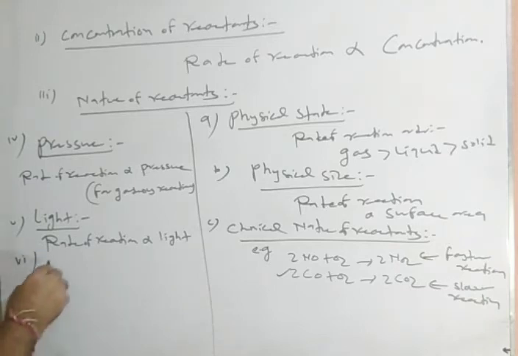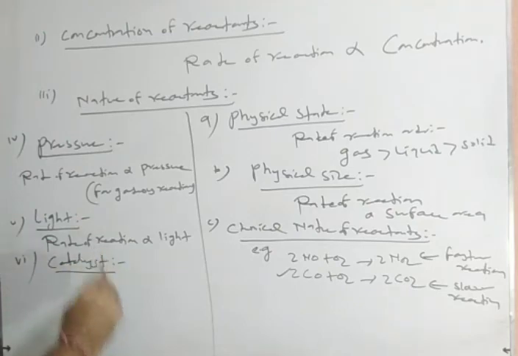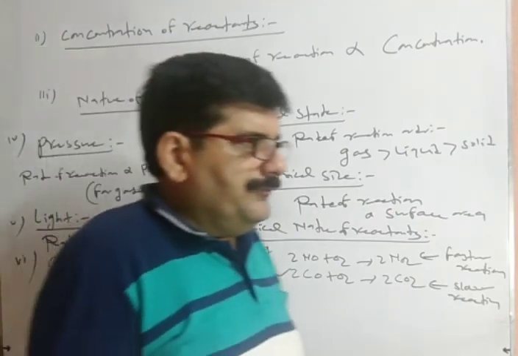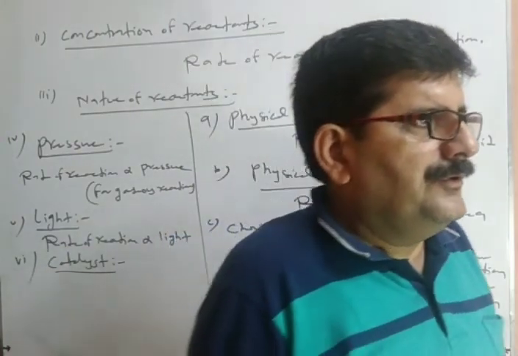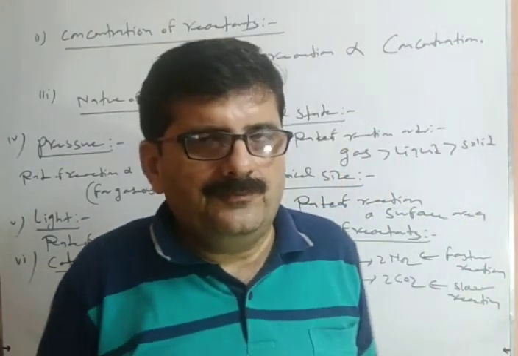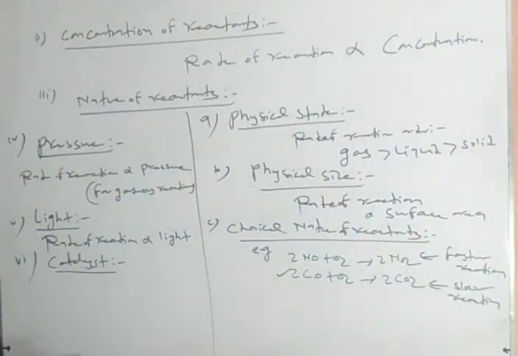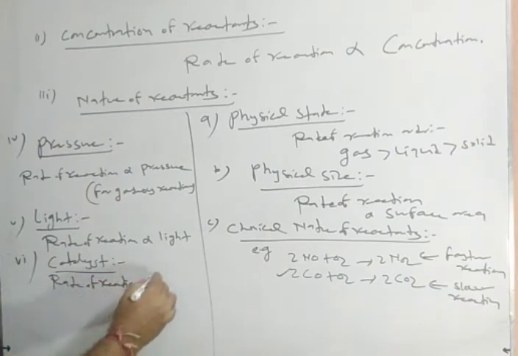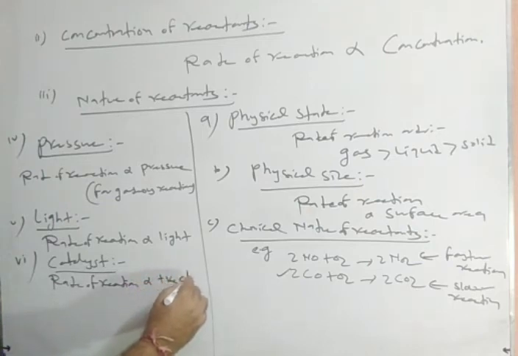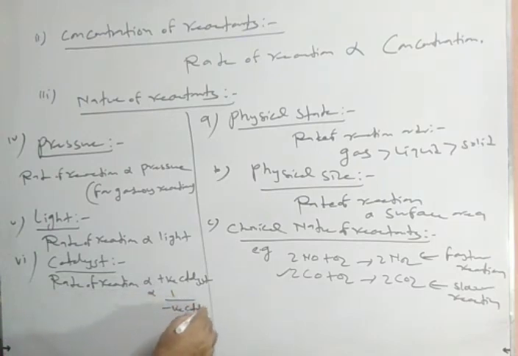Sixth one, catalyst. In presence of positive catalyst, rate of reaction increases. In presence of negative catalyst, rate of reaction decreases. So rate of reaction is directly proportional to positive catalyst and inversely proportional to negative catalyst.